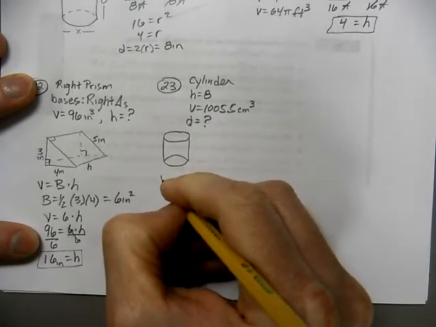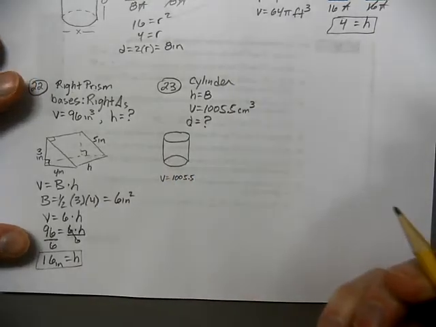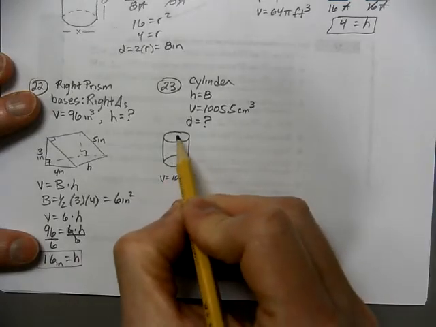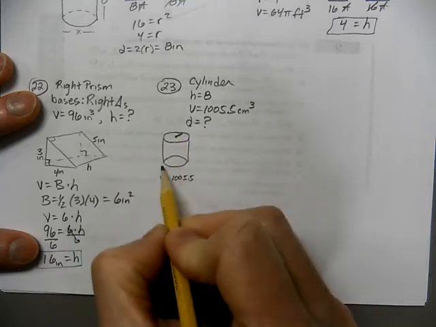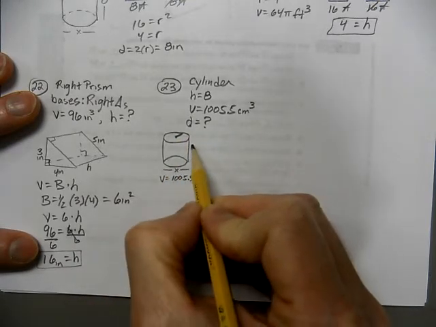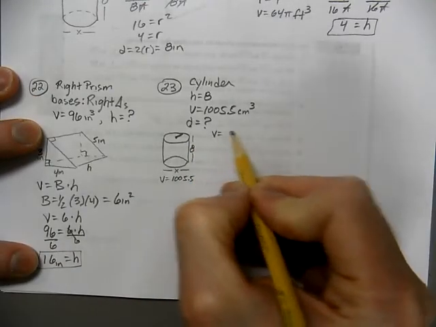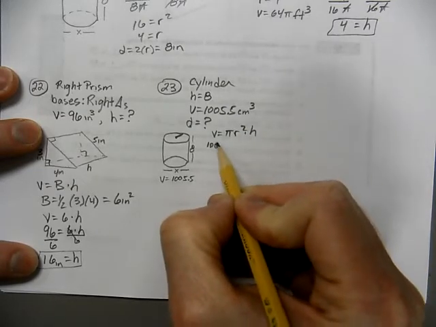So we know that the volume is 1005.5, and so we need to figure out the radius so we can calculate the diameter. But we know the height is 8. So volume equals pi r squared times h.